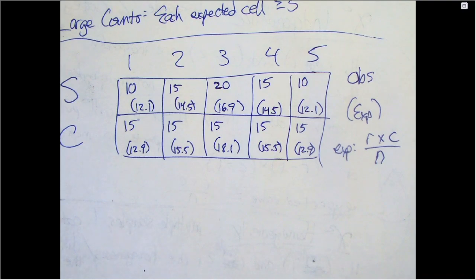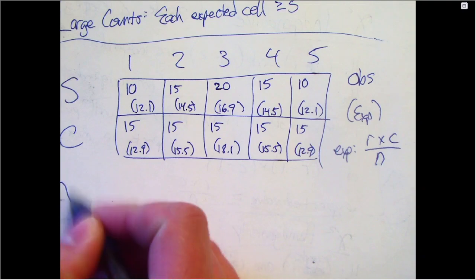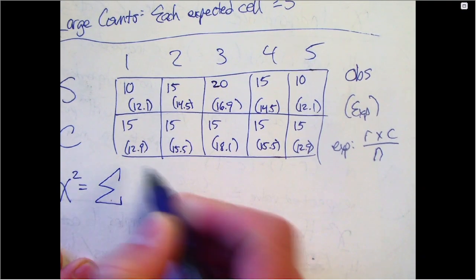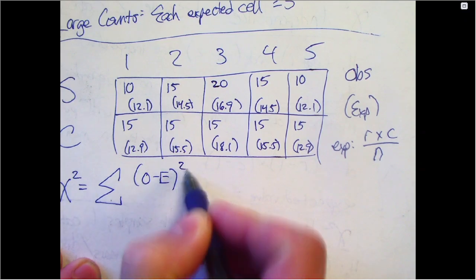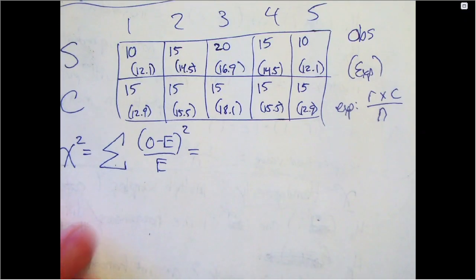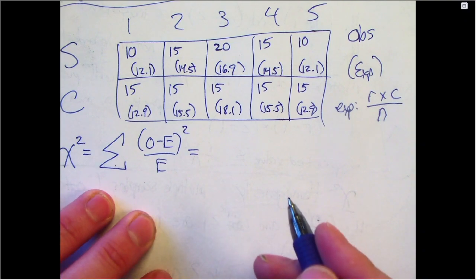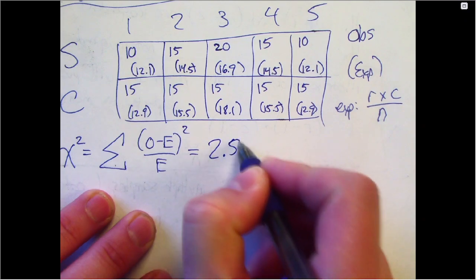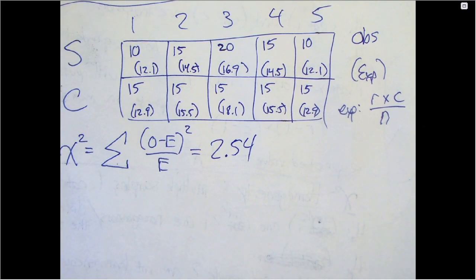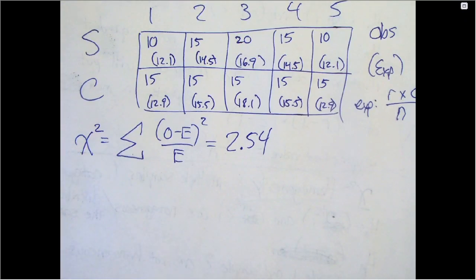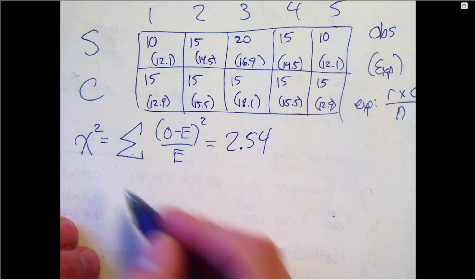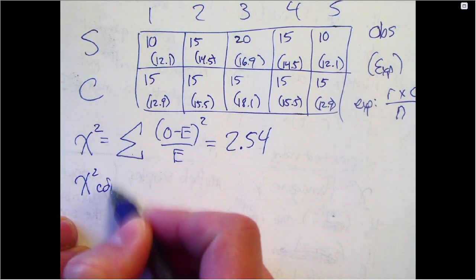So they gave me, I should have written these down, I gotta run my test again. So the chi-squared value, I'm gonna write the formula. And then they gave me the value is 2.54. I know the p-value because I'm looking at it, but I'm gonna pretend I don't. Let's say chi-squared CDF.